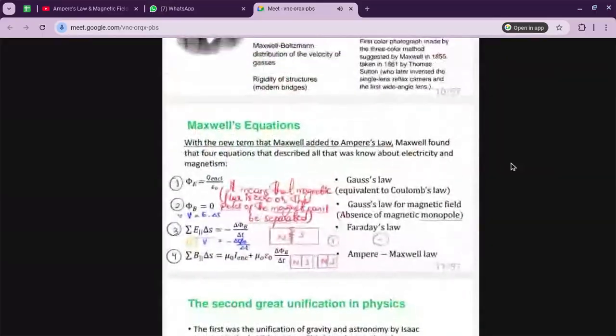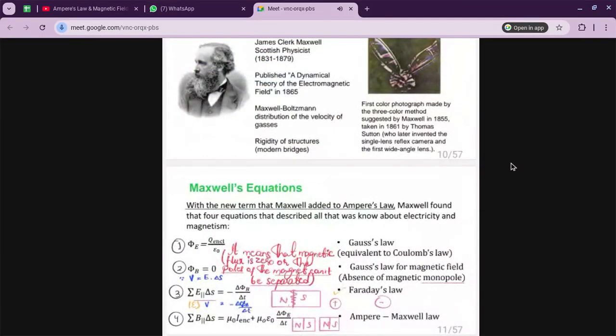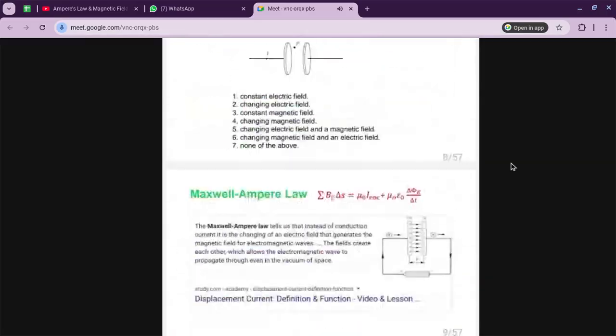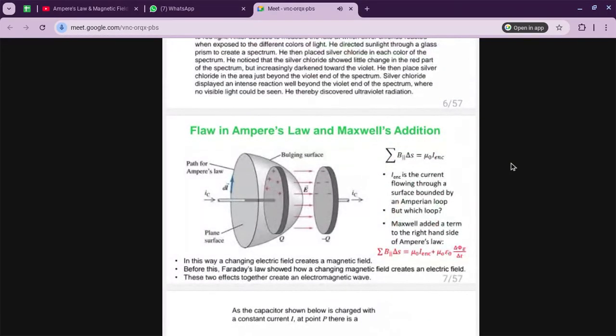Now let's talk about the last equation in detail, because that's the law in Ampere's law and Maxwell's addition.